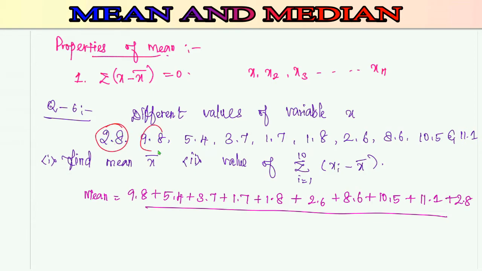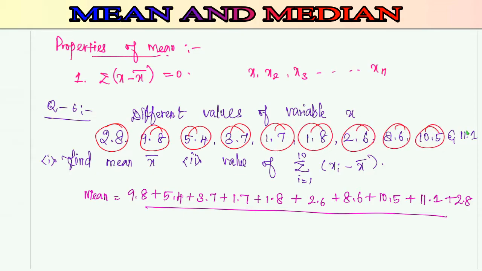This is 1, 2, 3, 4, 5, 6, 7, 8, 9, 10. So totally we have 10 numbers. That is why they have given sigma from 1 to 10. Directly I can take the value 10. So x bar is equal to, when you add those values, we get 58 divided by 10. So x bar is equal to 5.8. This is the mean value.